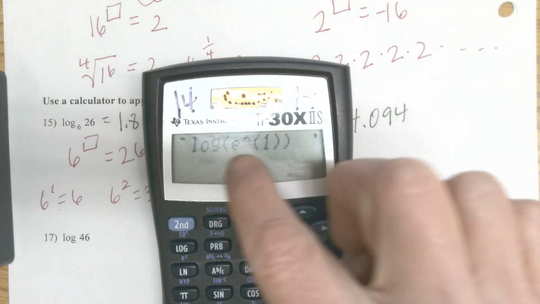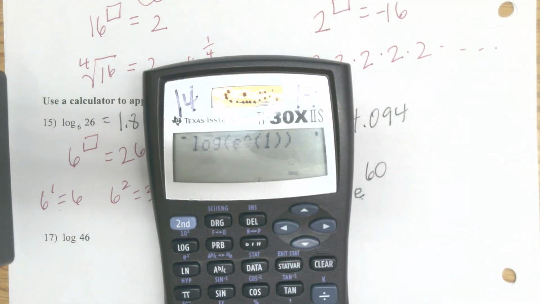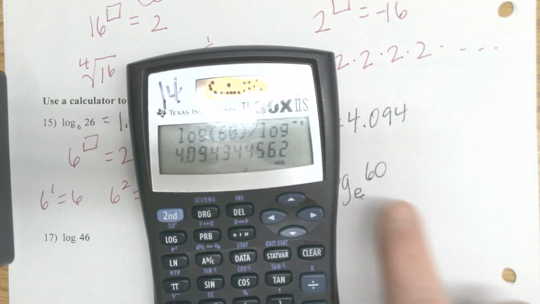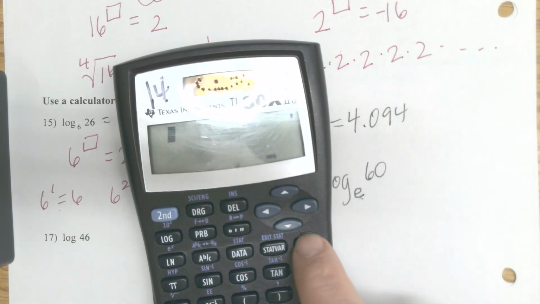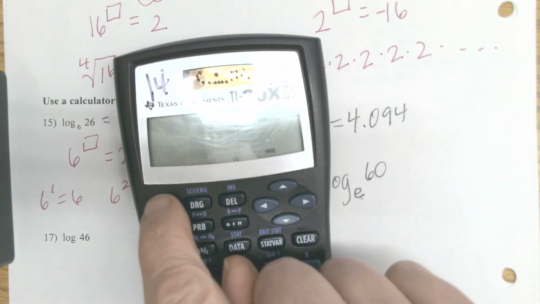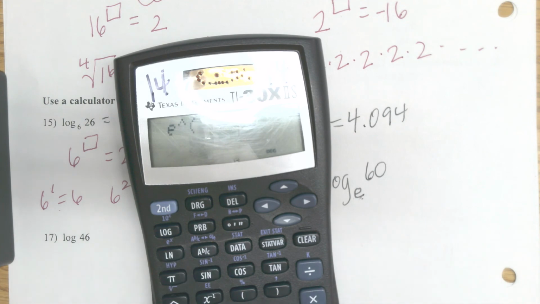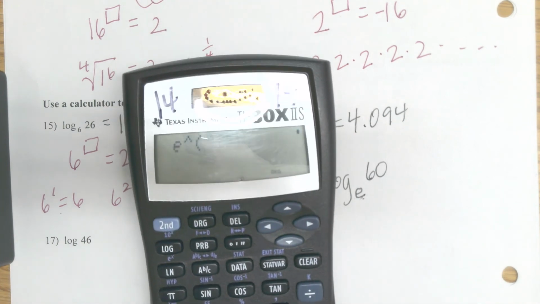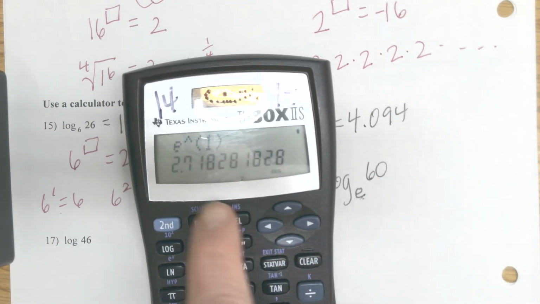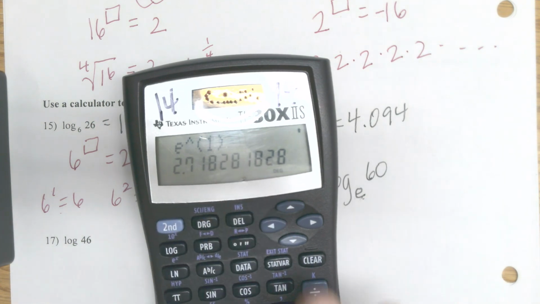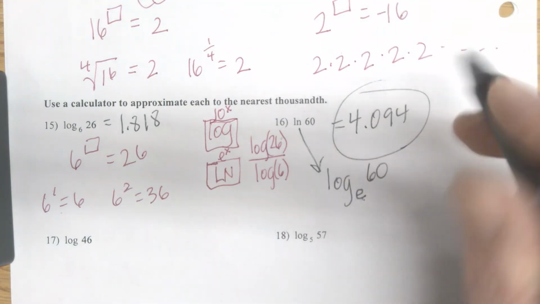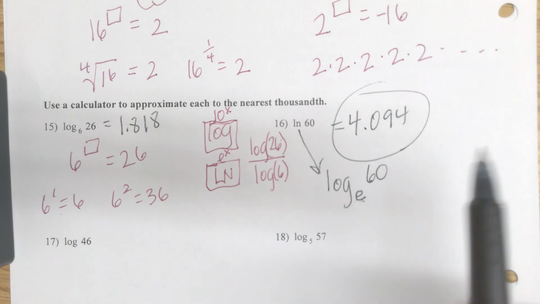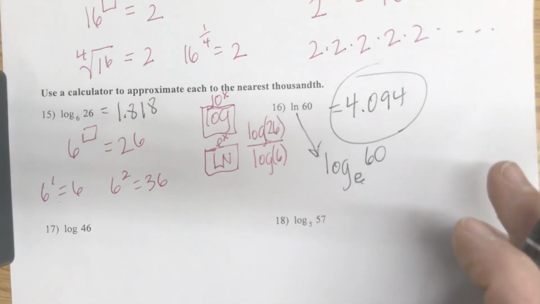So the log of e is a number, and that will give me my value again, 4.094. So e, the number itself, second e, is about 2.71. E to the first power gives me about 2.71828, and so on. But we'll get more into that when we get into our growth and decay.